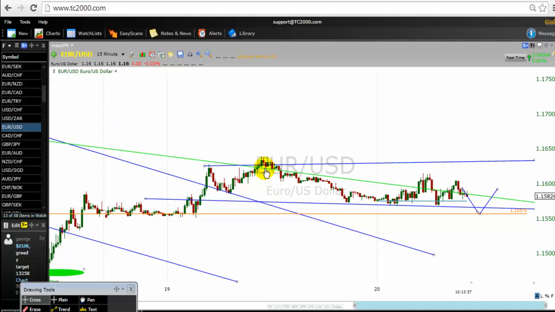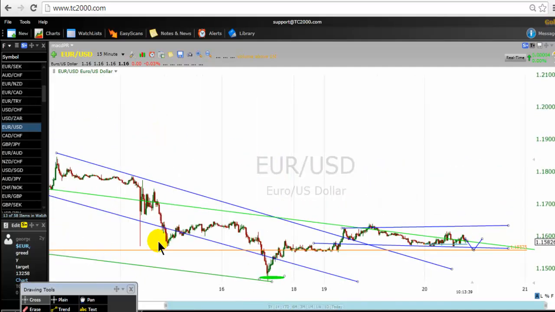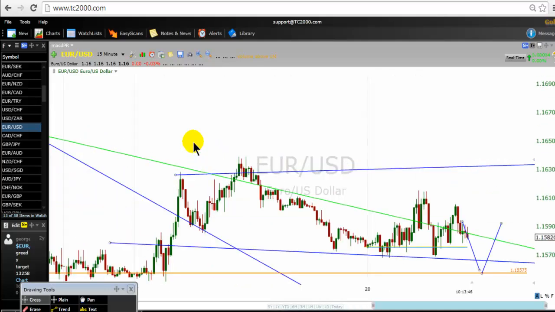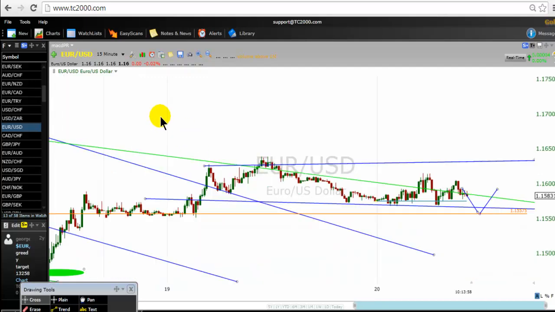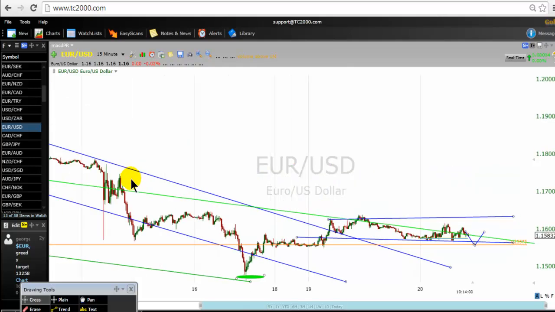That's what I'm waiting for here. I'm using a psychological price level, a low before the last low, and I want the price to come back and retest that very important support level. If the warning given by MACD is true, as the price comes near this valid support zone, it will change direction. If it breaks through it, that will invalidate the warning given by MACD.